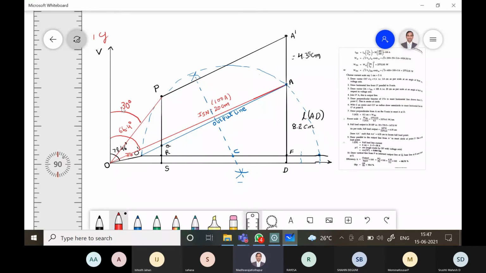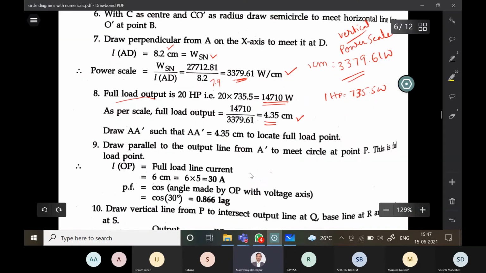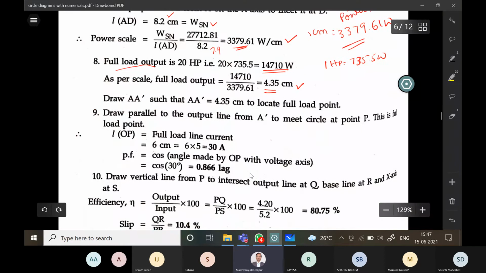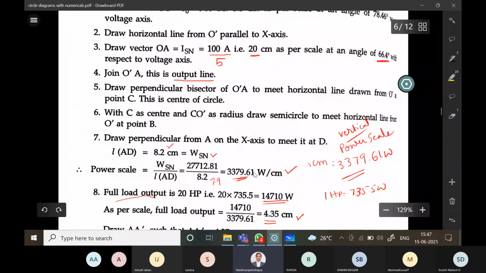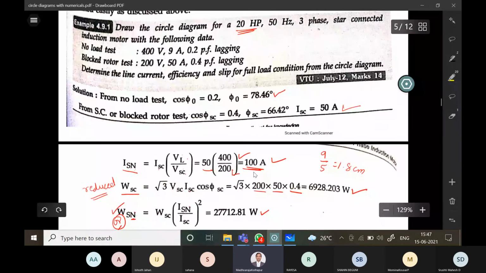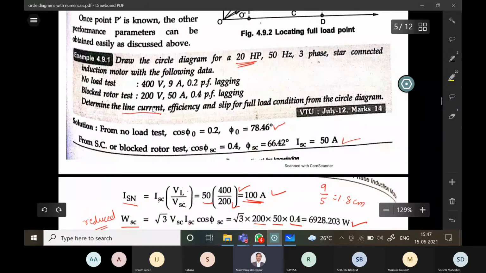This angle is called phi. So note down: the length of OP is 6 centimeter. Convert into current scale: 1 centimeter is equal to 5 ampere, therefore 6 into 5 gives 30 ampere. This is the full load line current, which is asked in the problem, calculated from the circuit diagram.